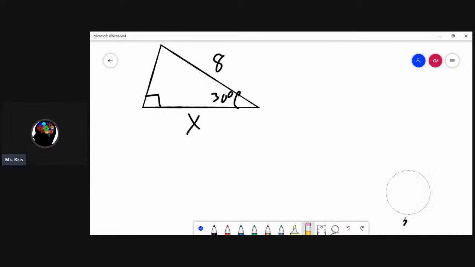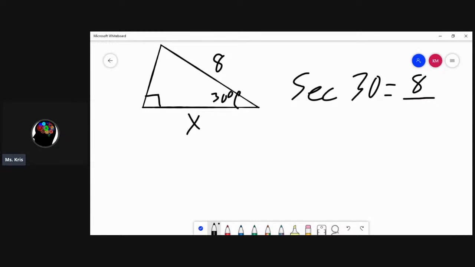Now, remember I said I'm going to also show you the secant. The secant of 30 is the hypotenuse over the adjacent. Because remember, secant is the flipped version of cosine.